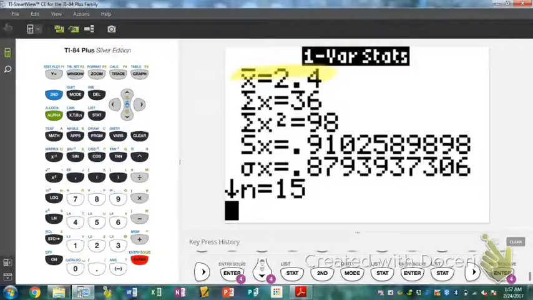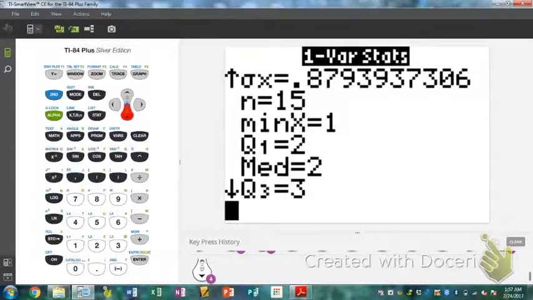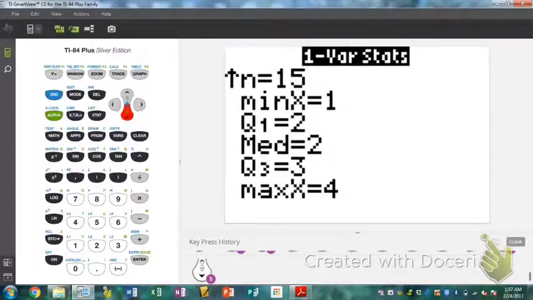This is your mean, this is standard deviation. Those are 2 of the numbers you need. The other 3 you need off your calculator, you have to scroll down for. They are Q1 for your lower quartile, your median, and Q3 for your upper quartile.